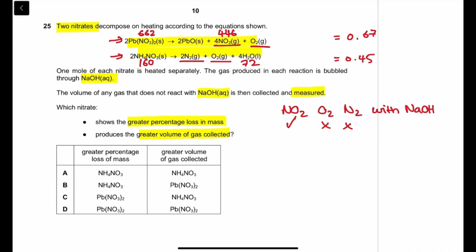Therefore, for lead nitrate, we will have 1 mole of oxygen, a volume of oxygen collected, and then for ammonium nitrate, we'll have 2 moles of nitrogen and 1 mole of oxygen, overall 3 moles of gases. Therefore, ammonium nitrate will have a greater volume of gas collected, so we can eliminate options B and D.